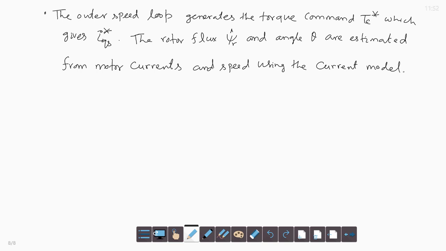Now, the current model is used to estimate the rotor flux psi r and angle theta from motor currents and speed.